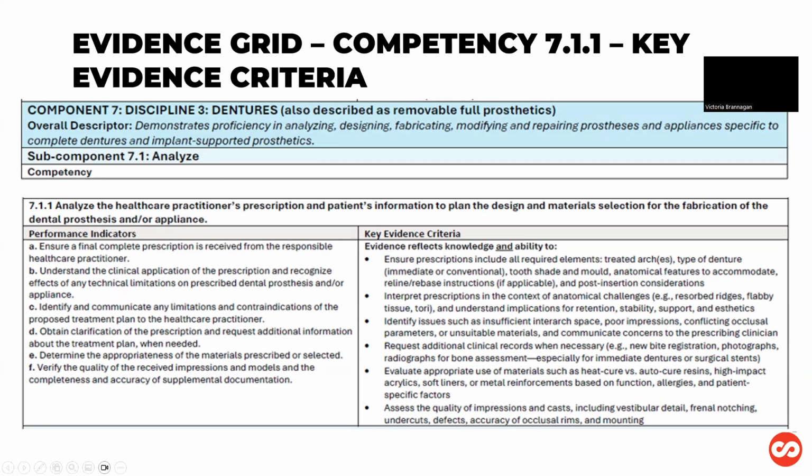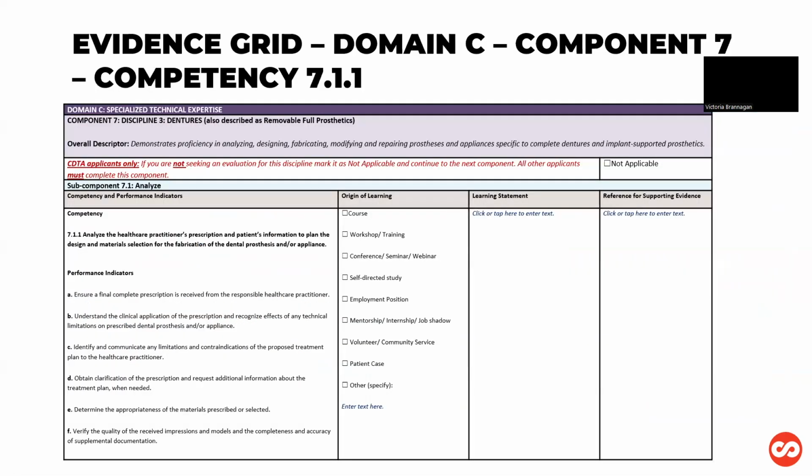Okay, let's go back to the previous slide. Look at the grid. Again, you're asking yourself the same questions as we did with the other competency. So did I learn this? Do I have this skill? Where, how, when, to what extent did I learn this?